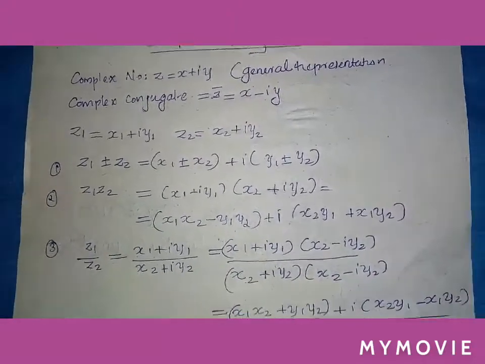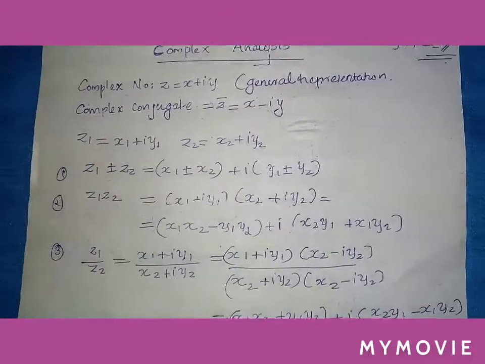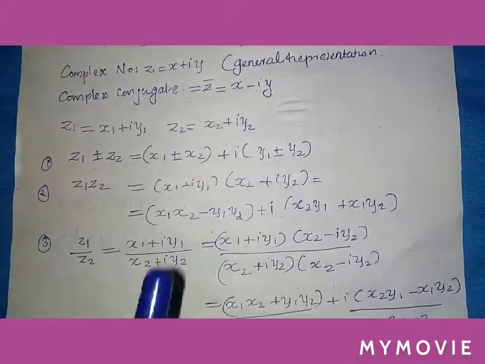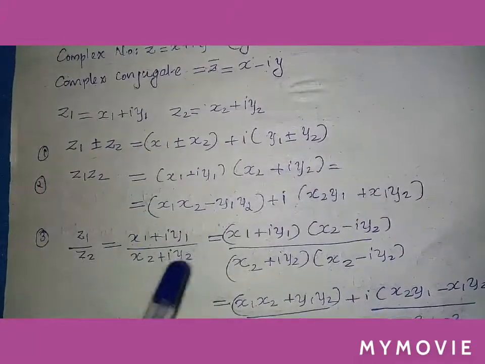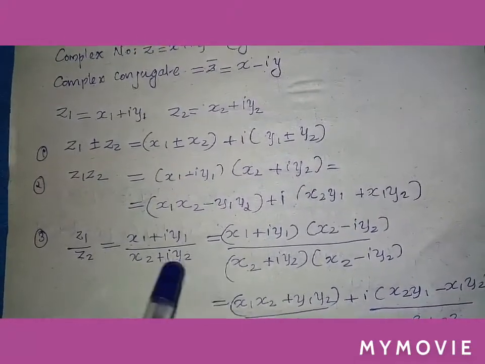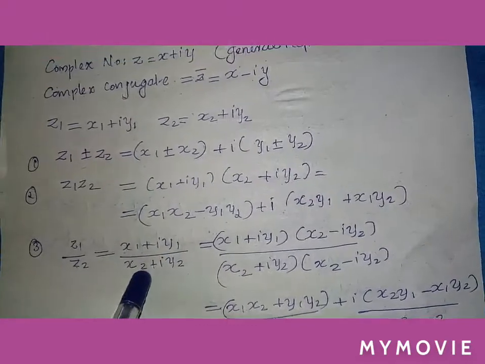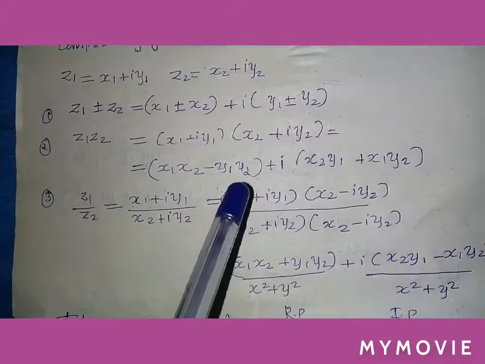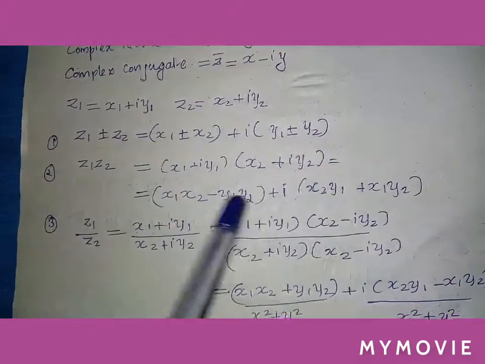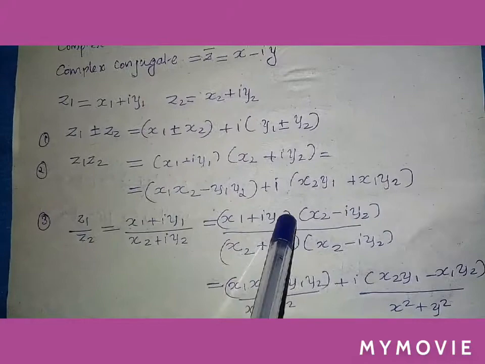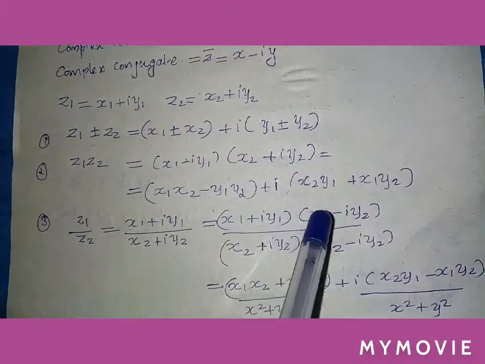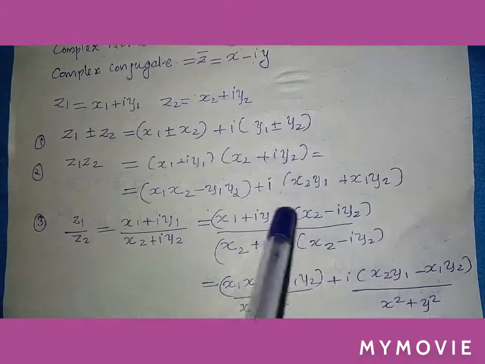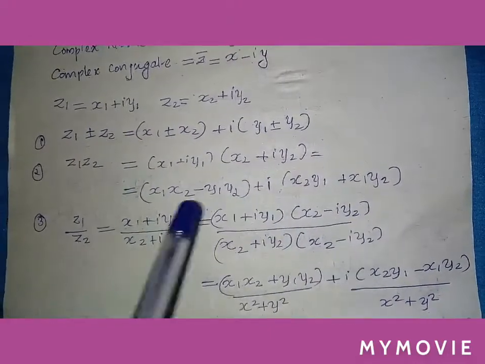Okay, division: we multiply numerator and denominator with the complex conjugate of the denominator. We know that the complex conjugate of the denominator is x2 minus iy2, just change the sign of the imaginary part. So we multiply numerator and denominator, and we just follow this product rule, x1 into x2 minus x1 into iy2 plus iy1 into x2 minus iy1 into iy2.